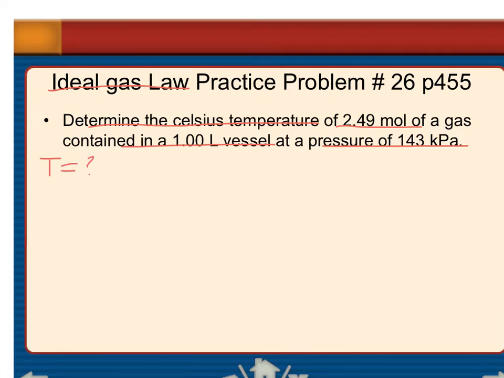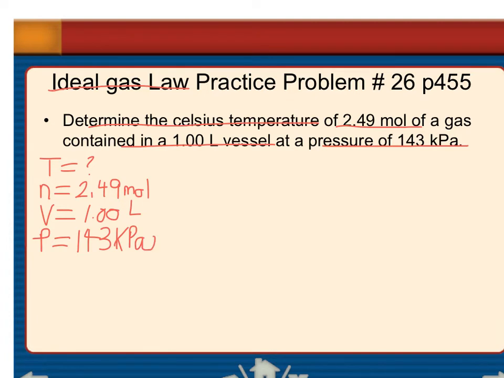So again, organizing our data, we are looking for the temperature, that's our unknown. n, the number of moles of gas, equals 2.49. The volume is a 1.00 liter vessel, and the pressure is 143 kilopascals.